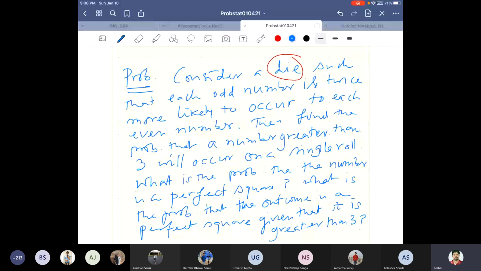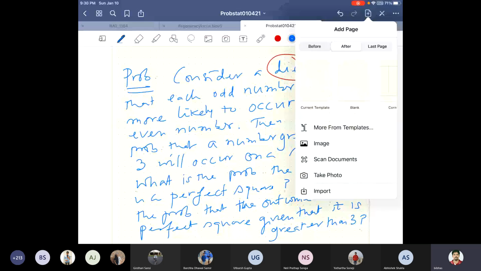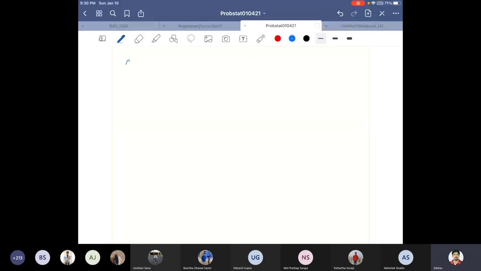So if I want to solve this problem, what do I have to do first? My sample space is 1, 2, 3, 4, 5, 6.